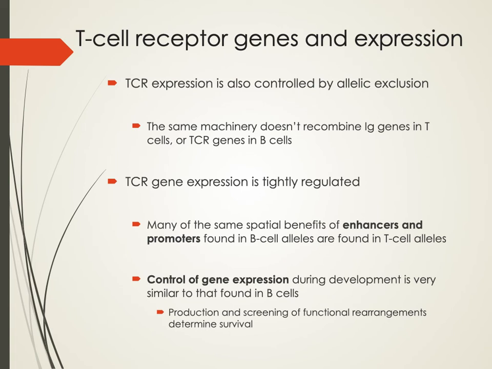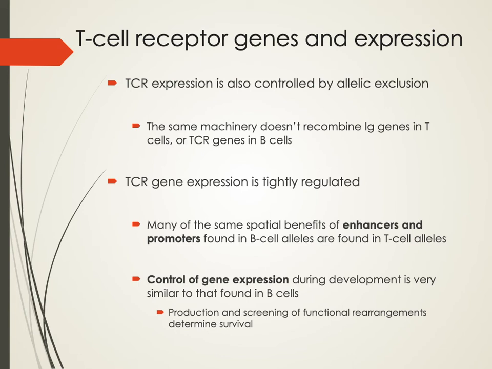So looking at allelic exclusion, T cells are able to undergo this, but it's not the same machinery that's utilized as with a B cell. The process of T cell receptor gene expression is tightly regulated. So we have these enhancers and promoters similar to what we see in the B cell.